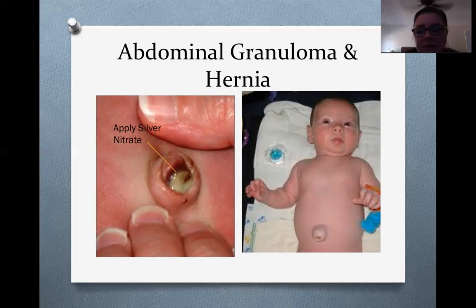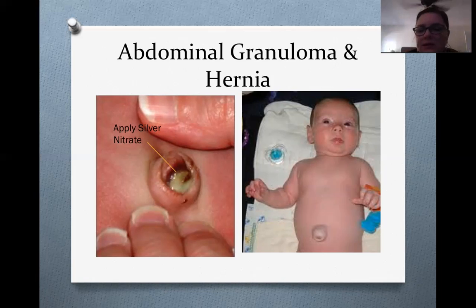Those can become infected, but it's very, very rare. More than anything, it just takes prolonged time to heal after the cord falls off, and you'll have a lot of oozing and weeping, and can have some bleeding too. So for an umbilical stump that looks like that, you'd want to put silver nitrate on and cauterize it, and it does not hurt the infant at all.